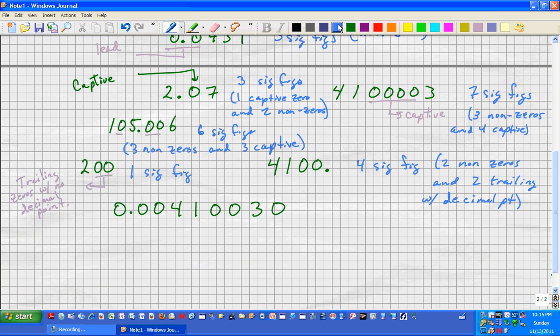Last example here, I've got 0.00410030. I've got 3 lead zeros, which are never significant, so I'm not going to count those. I've got 1, 2, 3 non-zeros. I've got 2 captive zeros.